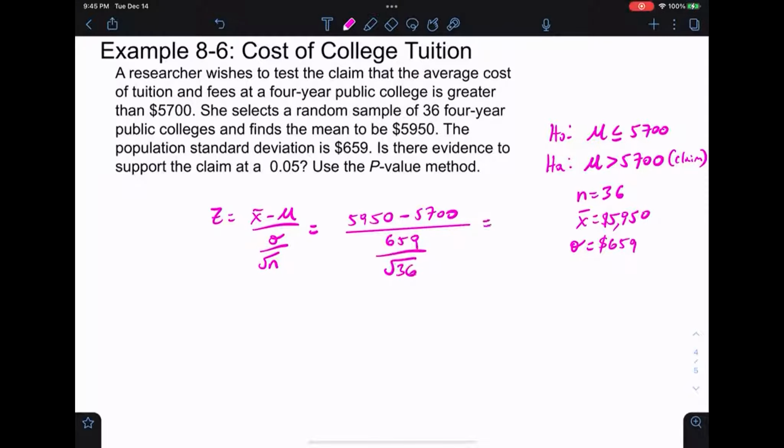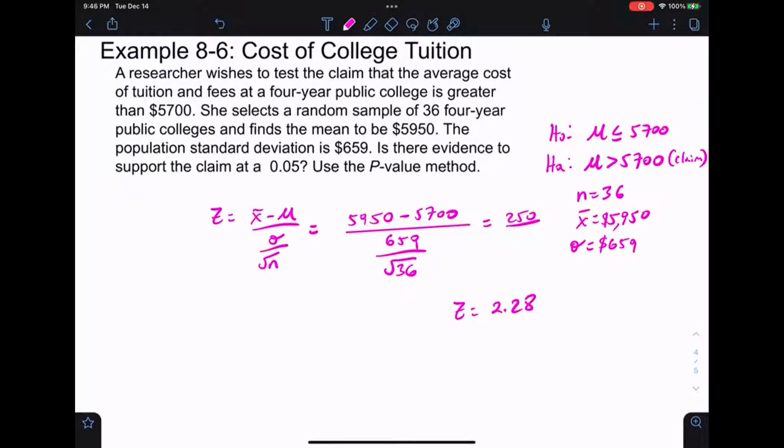You get 250 in the numerator, and 659 divided by 6 is 109 point something. So the z value is 2.28.